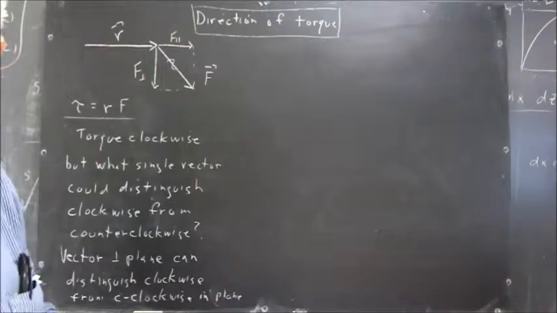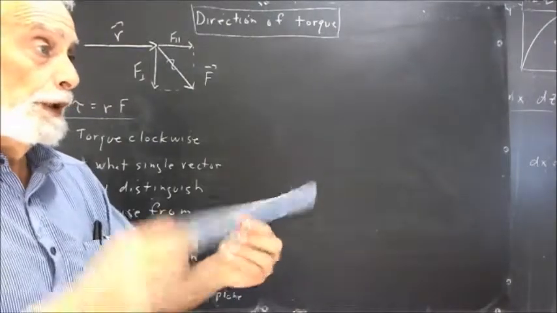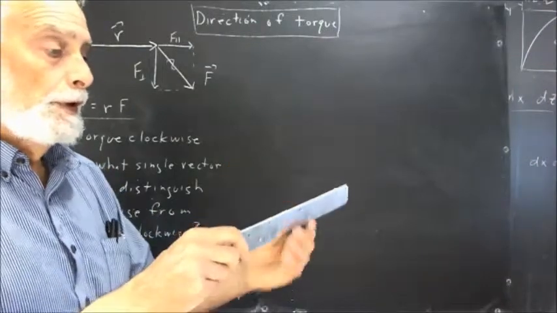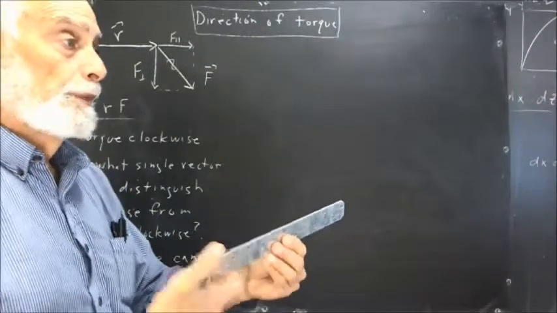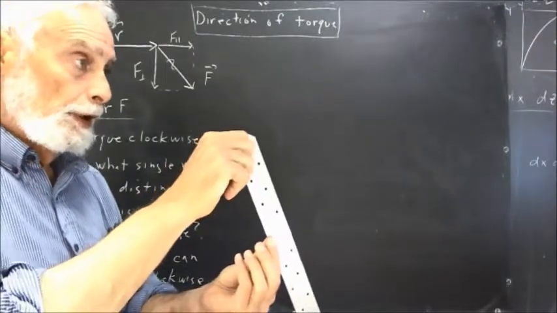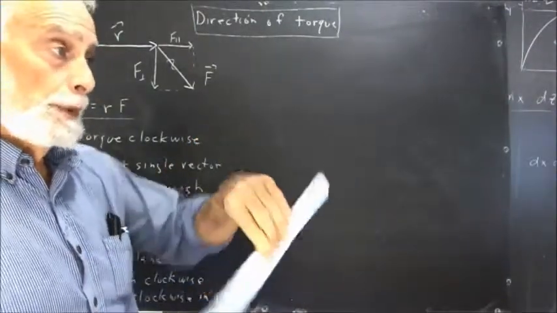That's because we have two possible vectors. If this thing's rotating in this plane, we could have a vector in this direction or a vector in this direction. One of those vectors could indicate clockwise motion, another could indicate counterclockwise motion.